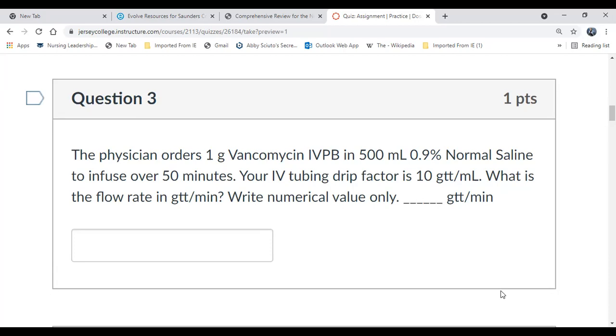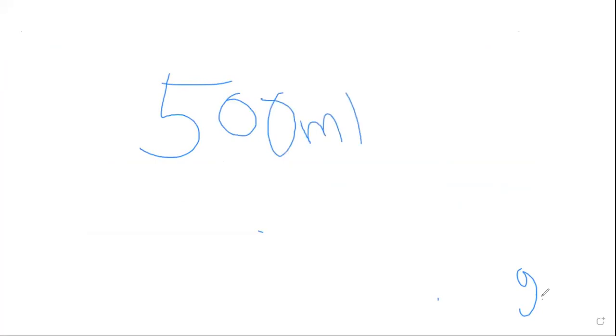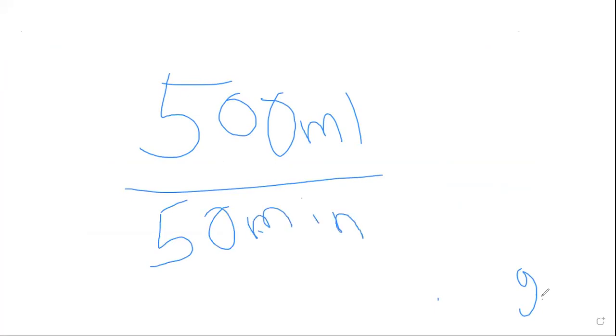Then we're going to multiply that times our drip factor. Now when we go to the whiteboard, your problem should be set up like this. Our total volume is 500 mLs. Our time is 50 minutes. And our drop factor is 10.